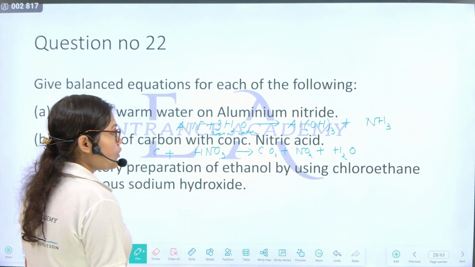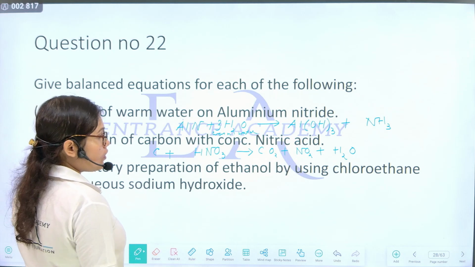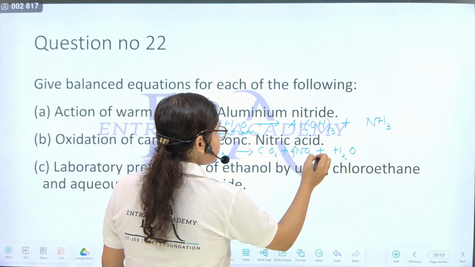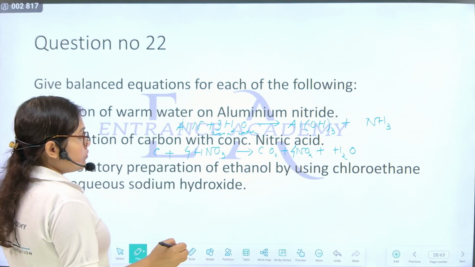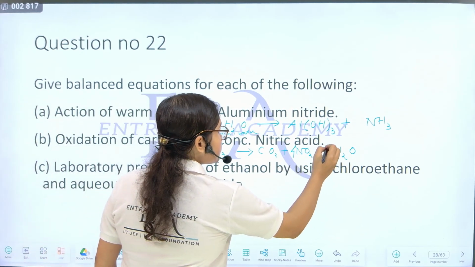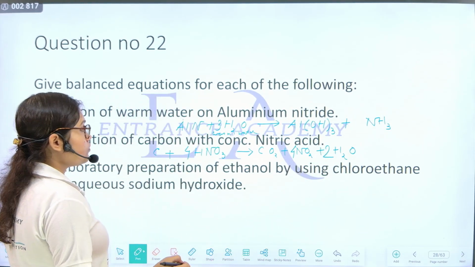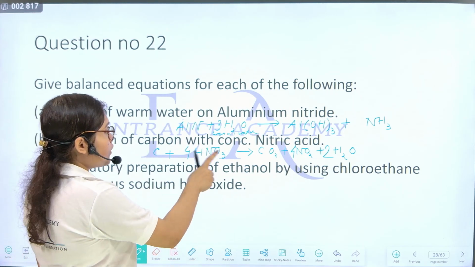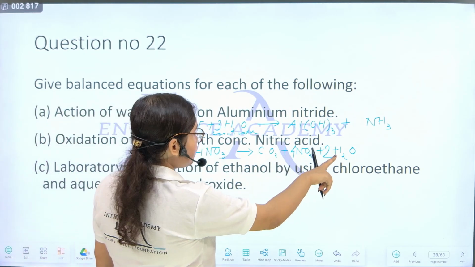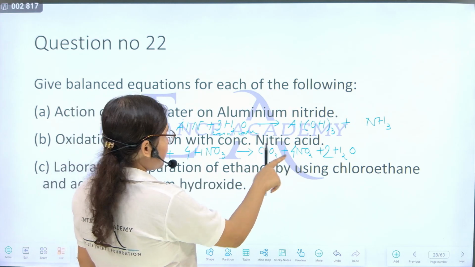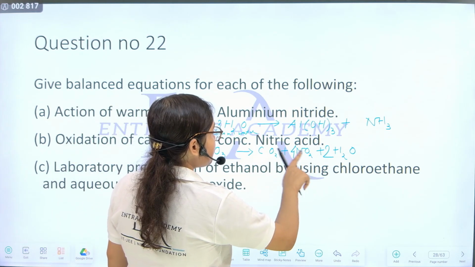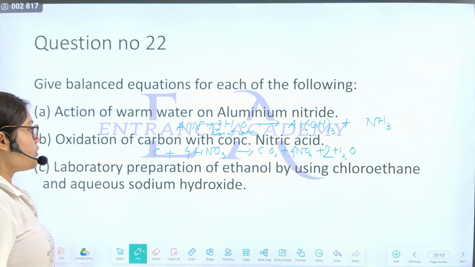Now balance these equations, like carbon 1, 4 hydrogen, 4 nitrogen, 12 oxygen. Okay, balanced equation. This is the second question.